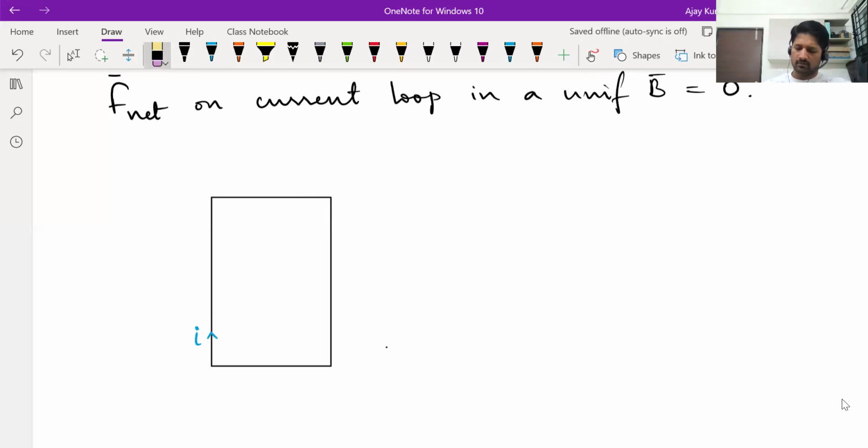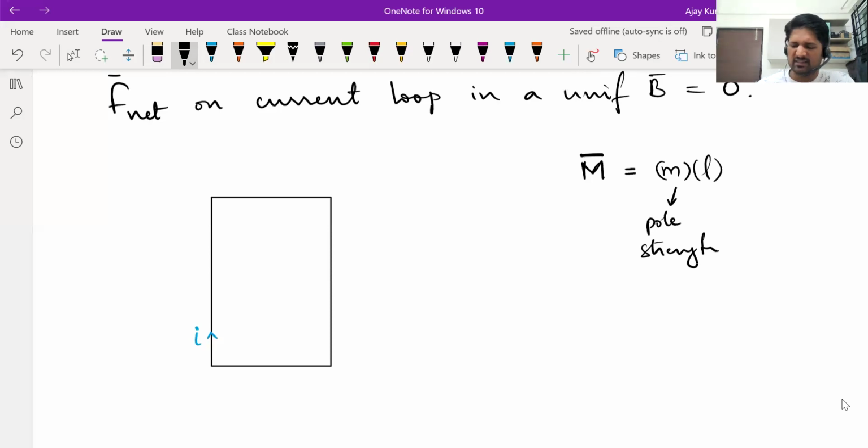One of you quickly tell me, what is the formula for magnetic dipole moment of a current loop? We had discussed this in the beginning of this chapter actually. Sir, M into L. See, M into L is in terms of pole strength and effective length. These days that concept is itself not there in your textbook.